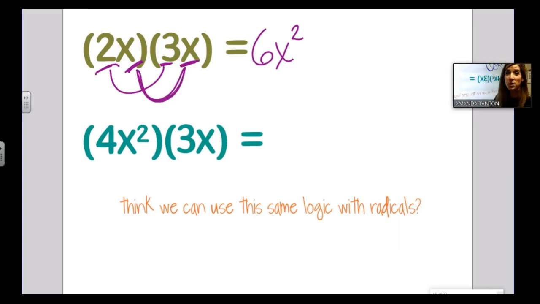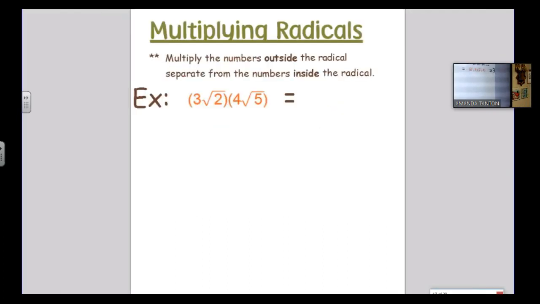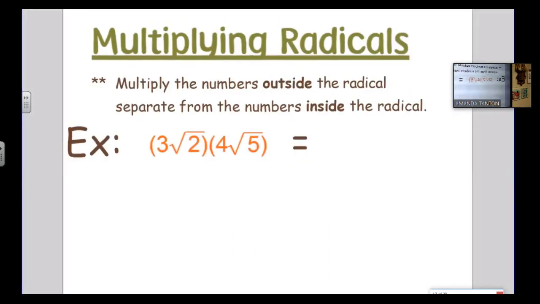We also multiplied x times x. Same rule applies with our radicals. 4x squared times 3x. So you look at the numbers separately, 4 times 3, then you deal with the variables. Okay, same thing goes with radicals.